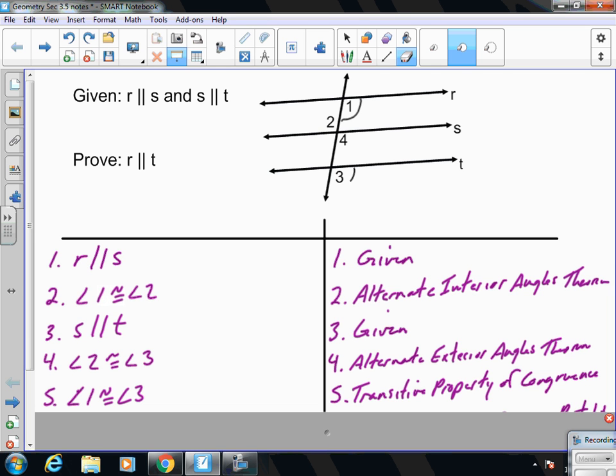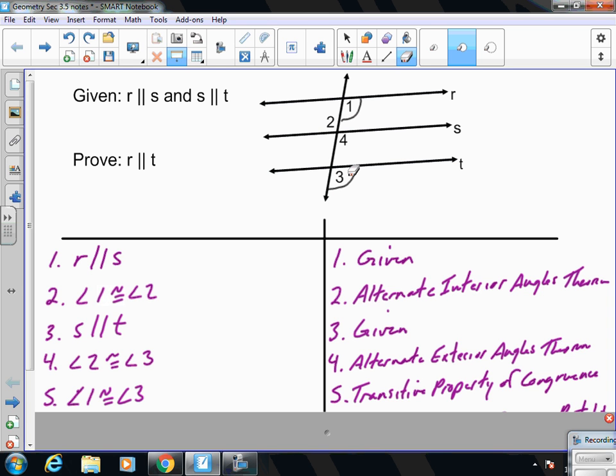Now if we focus on the fact that we've got angle 1 and angle 3 congruent to each other, when we look at line R and T, then 1 and 3 are what kind of angles? What's their relationship? They're corresponding angles.